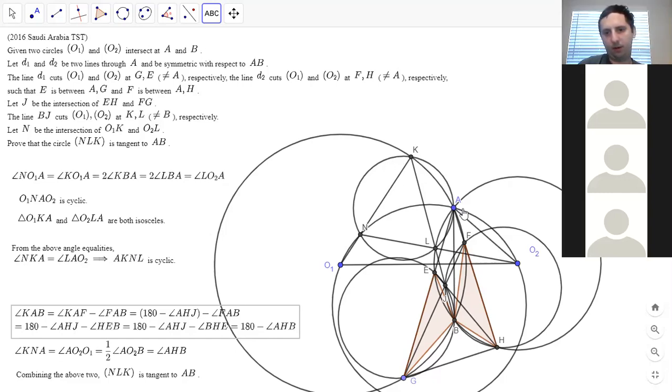So angle KAB is 180 minus KGB, which is 180 minus KGA minus AGB. Yeah, so KGA is KBA.